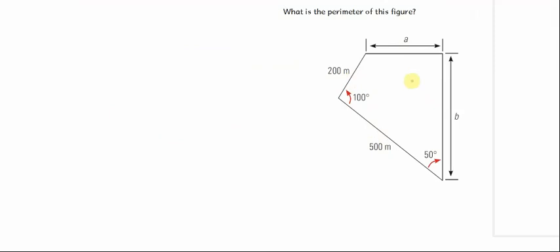It seems like this problem is very difficult, because we don't seem to see any right triangles. I kind of assume for a single moment here, though, that there is, in fact, a square here. It doesn't seem to be useful right now at all. We're going to have to do some cutting of this thing to see if we can figure out how we could, in fact, get the perimeter.